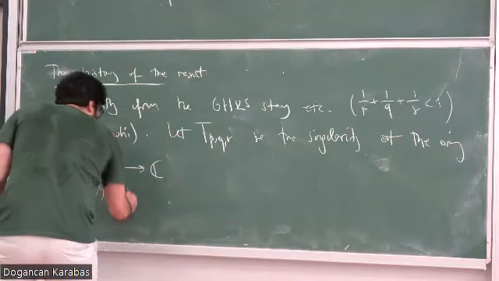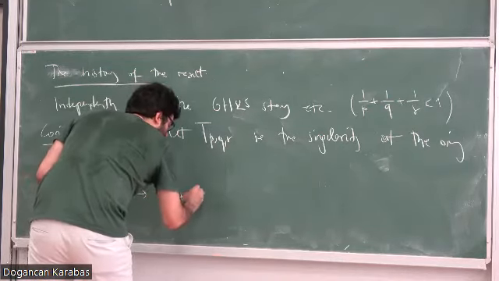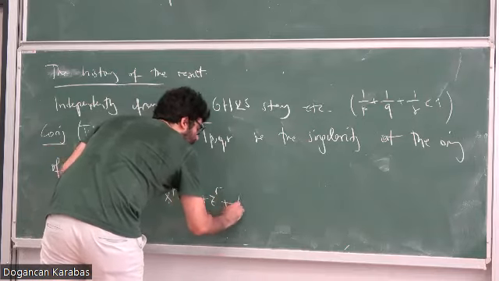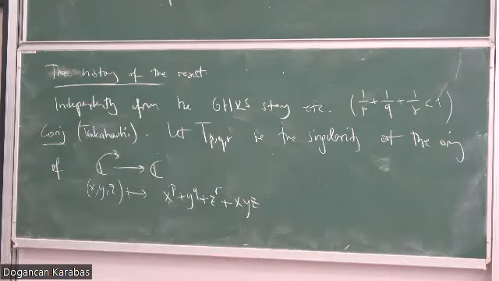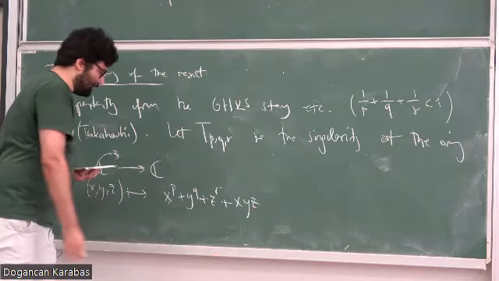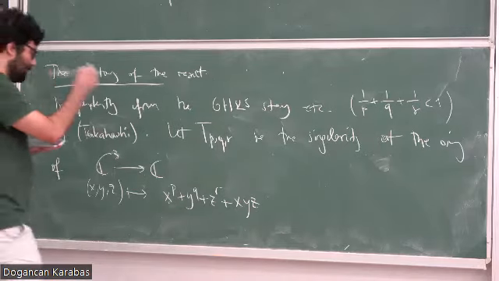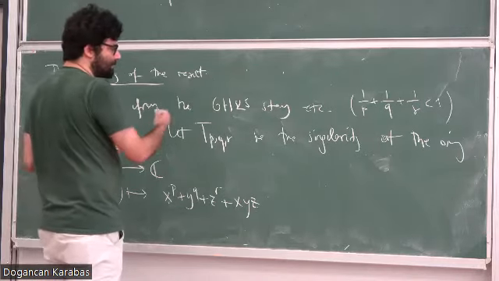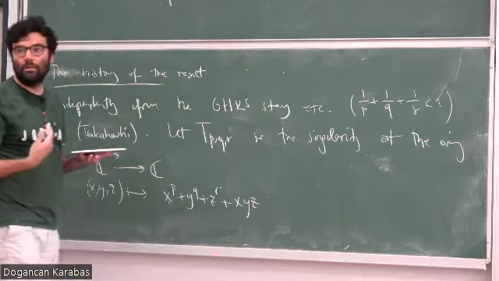Yes. And so the polynomial is this: x^p + y^q + z^r + xyz. Okay. So something that's well known about this singularity is that this is a cusp singularity at the origin, and these are all the cusp singularities that happen as hypersurface cusp singularities.